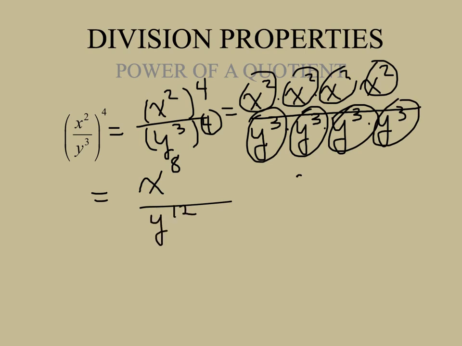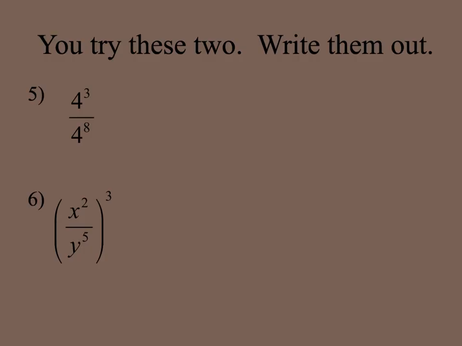Now we can't reduce out anything in the numerator and denominator because they are not the same variables. There's an x in the numerator and a y in the denominator. So this is the final answer. Now let's see how well you can do with these 2 division problems.